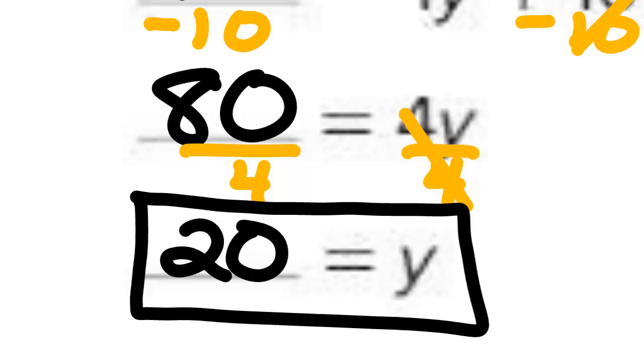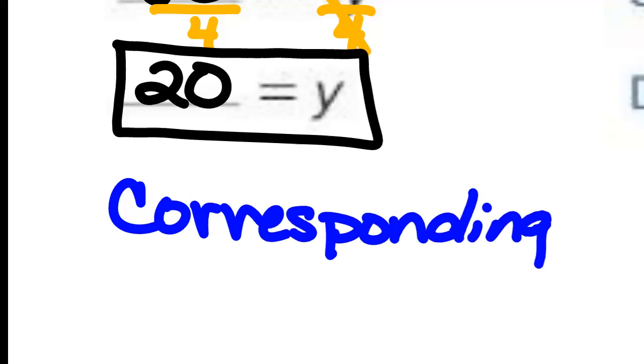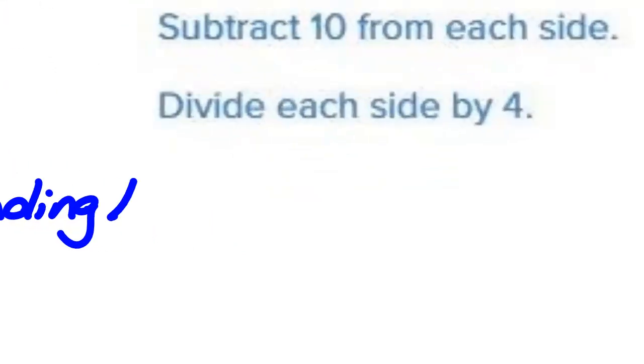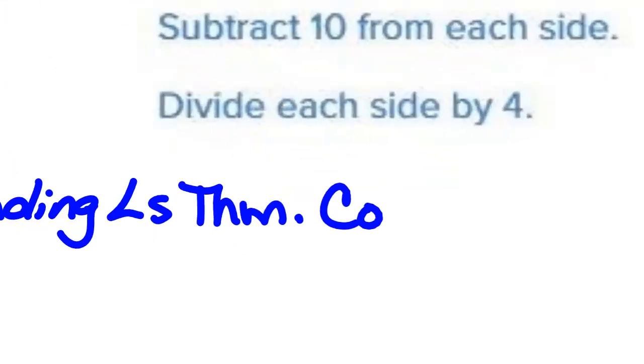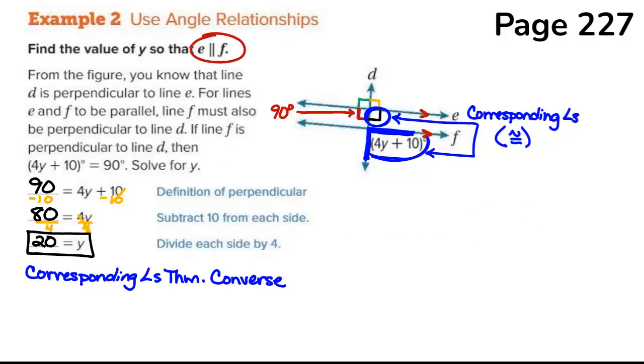What was the angle pair that we identified? Corresponding angles. So we used the corresponding angles theorem converse to solve this.